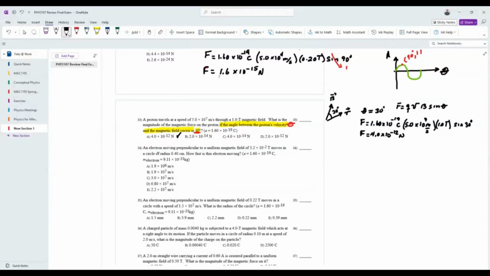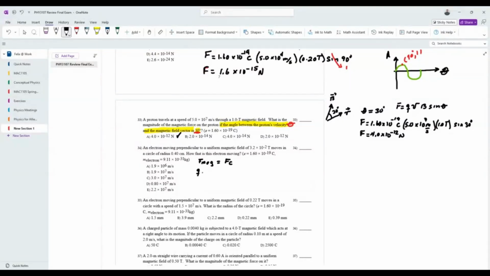Then we can make the centripetal force, that is the force of the circular motion, equal to the magnetic force. So you have a magnetic force, and this magnetic force provides the centripetal force.